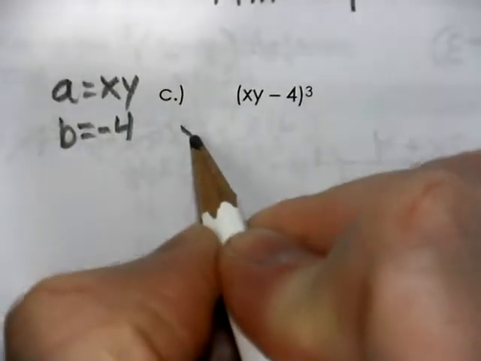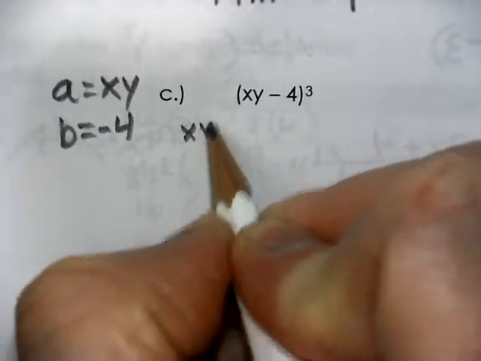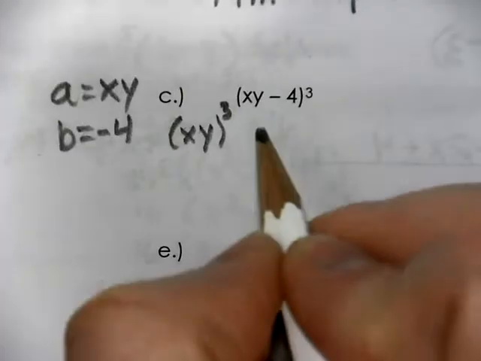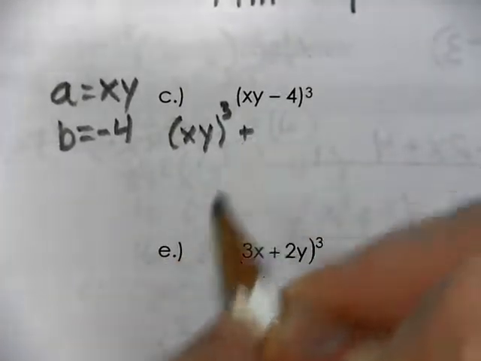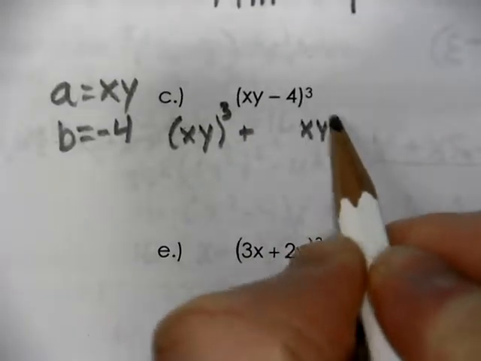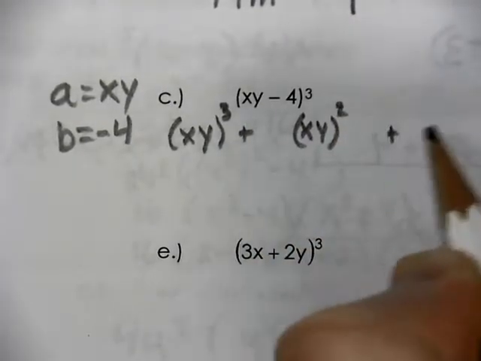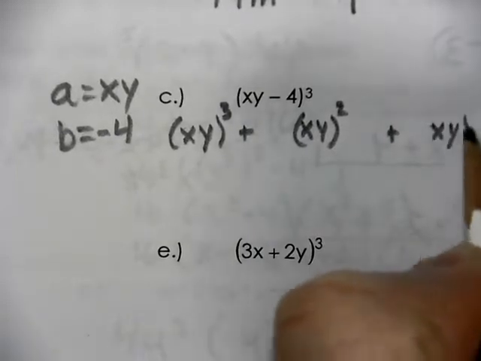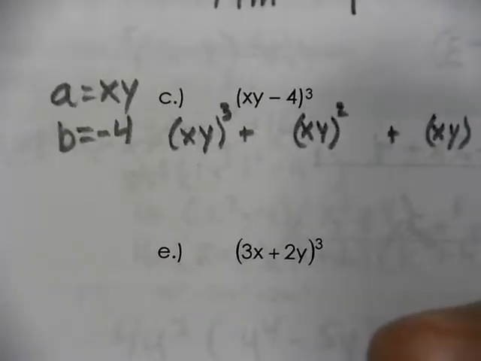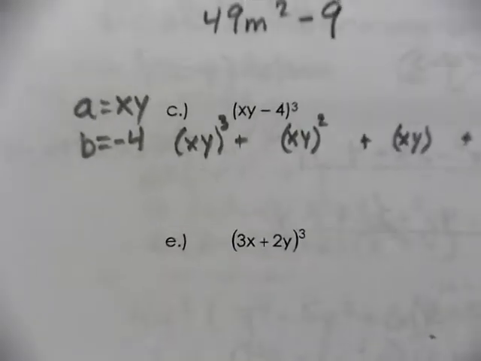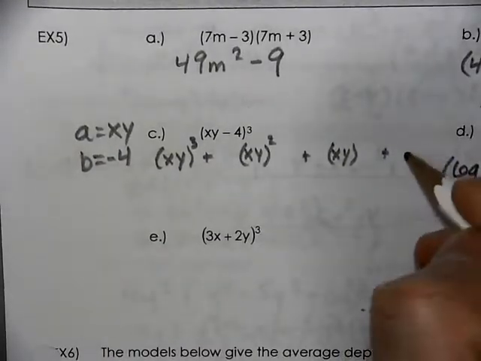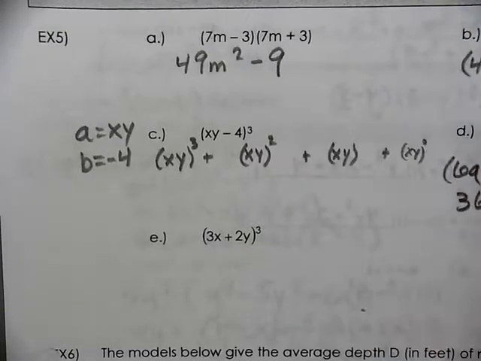So I'm supposed to say my a term cubed, and my a term squared, and my a term to the first power, and my a term to the 0 power. When it's to the 0 power, we can just write 1. We can call it xy to the 0 if we wish.